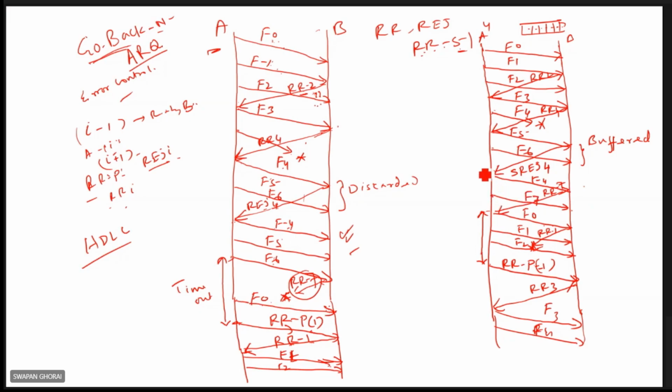That means it has to transmit an out of sequence frame, so the complexity in software will increase. Am I clear?